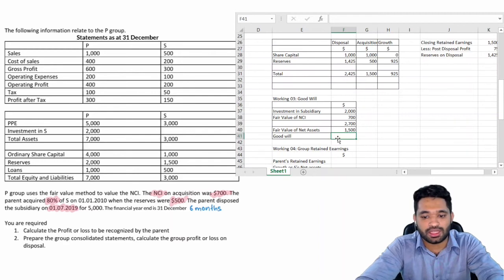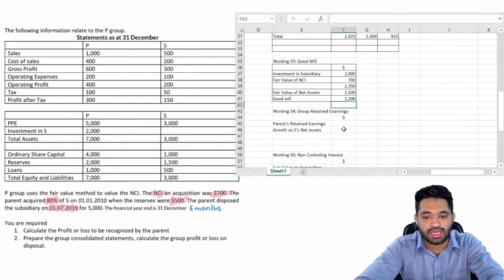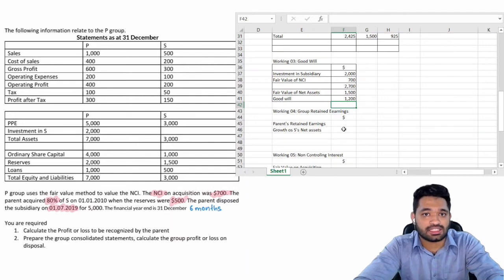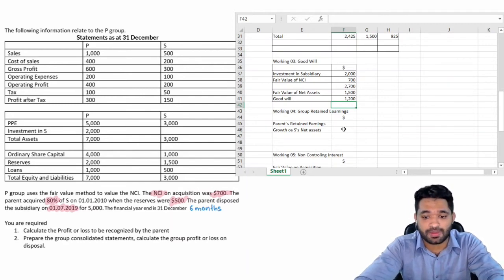So your goodwill is going to be 2700 minus 1500. That will be 1200. Now this I will not be taking to my statement of financial position. The reason is I have sold the subsidiary. This would be taken into my disposal calculation.